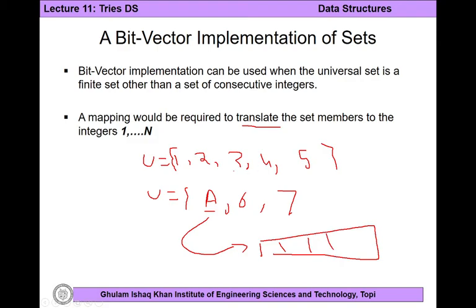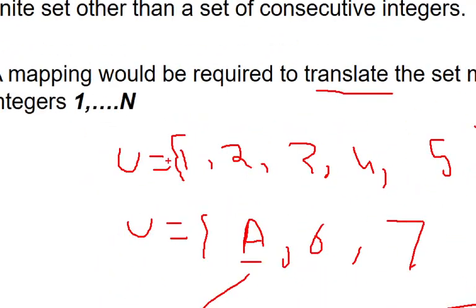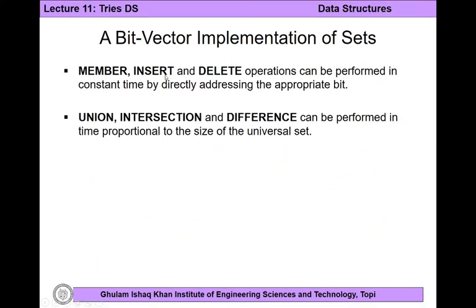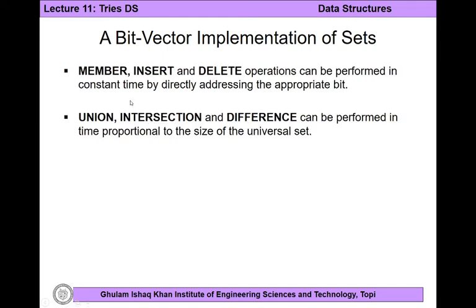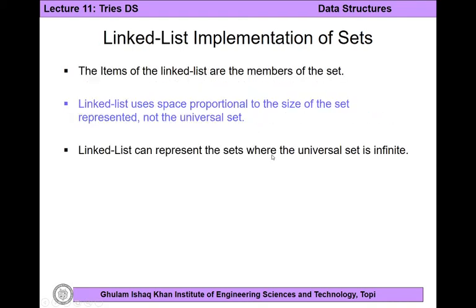So in that case, all the operations which I told you earlier may not be performed in order of one time, but if the universal set is of consecutive natural numbers, then yes, the insert, delete and membership function can be executed in order of one time, and union, intersection and difference operation on sets can be performed in order of n time.